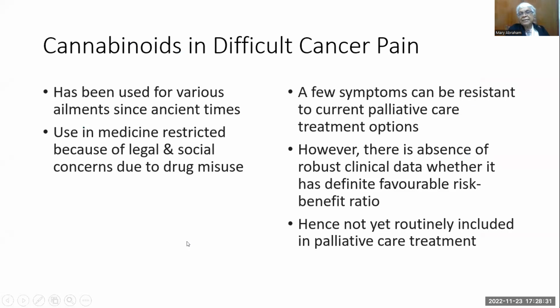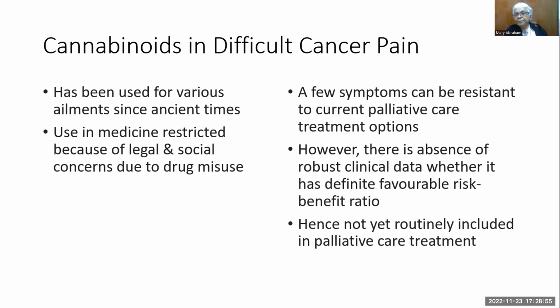So now let's discuss cannabinoids in treatment of these kinds of patients. We know that this has been used for various ailments since ancient times. But in medicine, the use has been restricted because of the legal and social concerns, because of the drug abuse. But a few symptoms in cancer patients can be resistant to the currently available options.